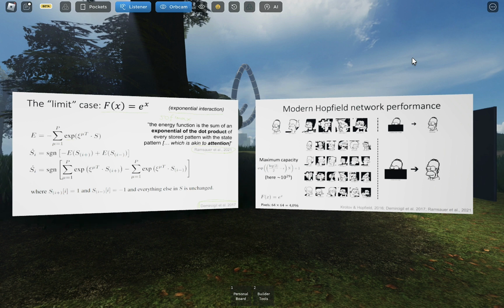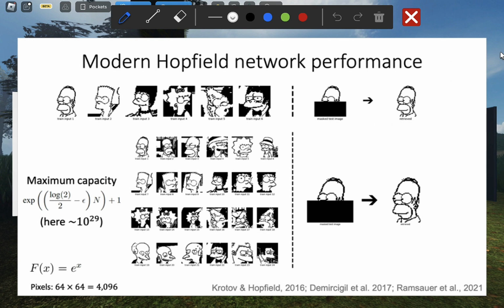So the outcome of all this playing around with the update rule and basically the energy function underlying that is that you get improved memory performance. So now, in this example of some different Simpsons characters, we can have all these different patterns embedded.